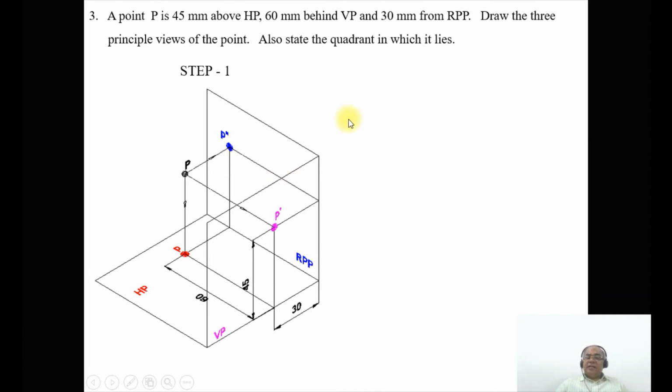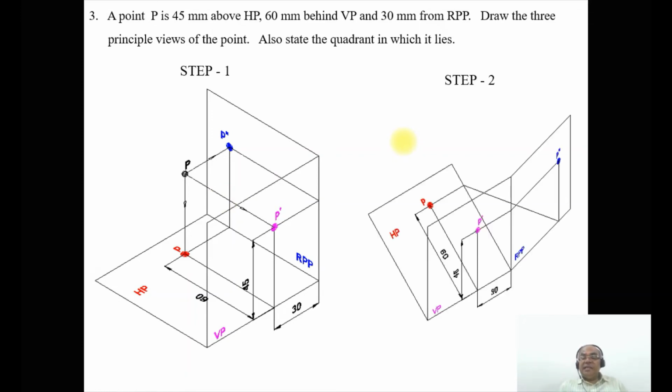Now this is how you can analyze in 3 dimensions. And when I want to convert this into 2 dimensions, what I must do now? I must cut it here and then rotate the horizontal plane to the top side and rotate the right profile plane to the right side. As we do that, we will go to step 2. That is the intermediate rotation of the planes, which you can see here.